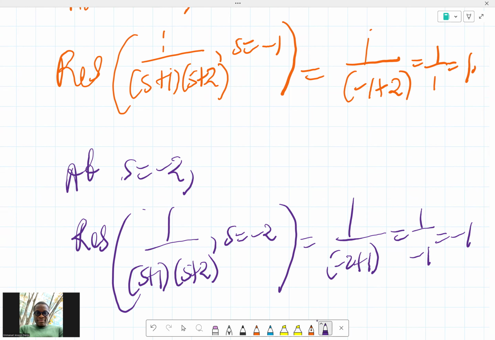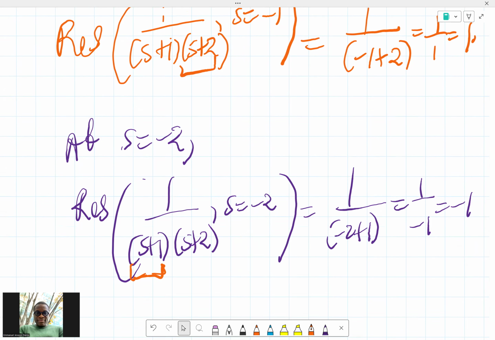If you look at it properly, because s equals minus 1 came from s plus 1, we pick s plus 2. And because s equals minus 2 came from s plus 2, we pick s plus 1. That's how we get the residues.